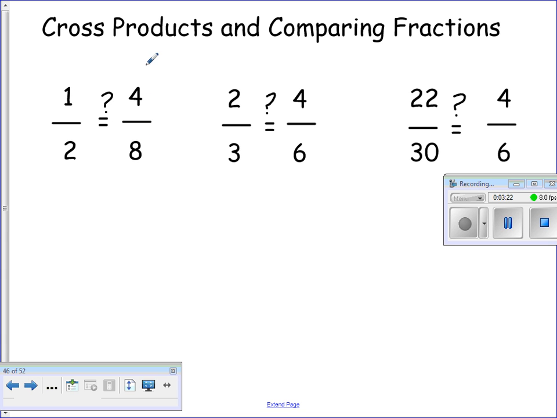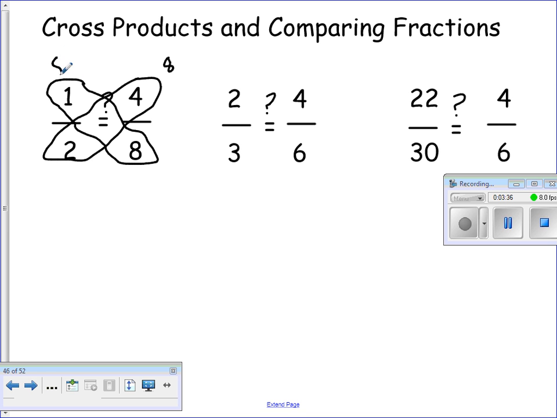But another strategy is to use my cross products. If I multiply my cross products here, 2 times 4, I get 8. That should equal my other set of cross products if indeed they are proportional. 1 times 8 is also 8. So these are proportional.